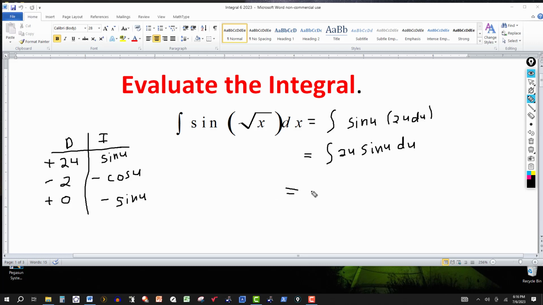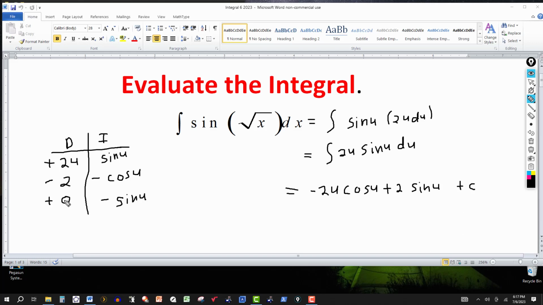So this will be a minus 2u cosine of u. And then we multiply 2 times the minus sine u, that would be negative, negative, which would be a plus 2 sine u. And this plus your constant of integration.